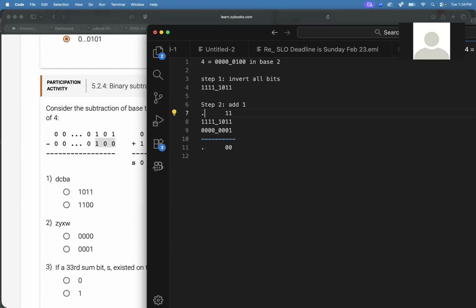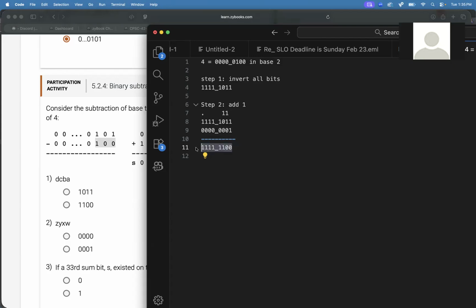I put these dots here just to stop this from doing that to me. 1 plus 0 plus 0 is 1. 1 plus 0 is 1, and so on for each remaining bit. So you end up with this.